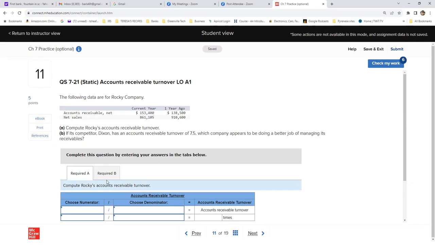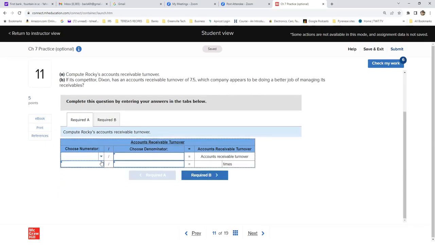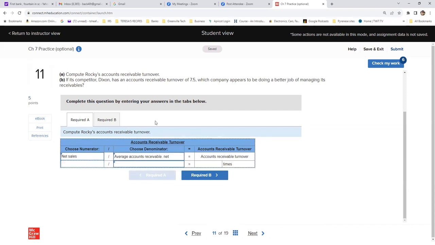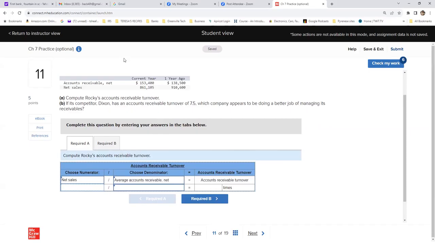All right, so on requirement A, we're gonna choose net sales divided by average accounts receivable. Our net sales, where did they go? Oh, okay. Net sales for the current year are 861,105. And accounts receivable, we have to add the two together and divide by 2.